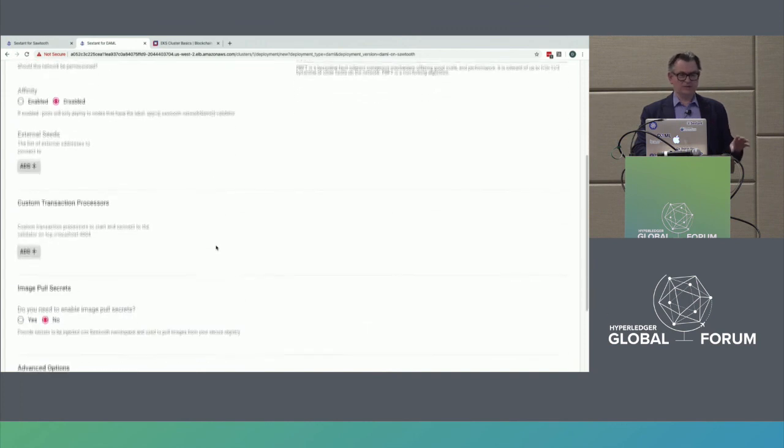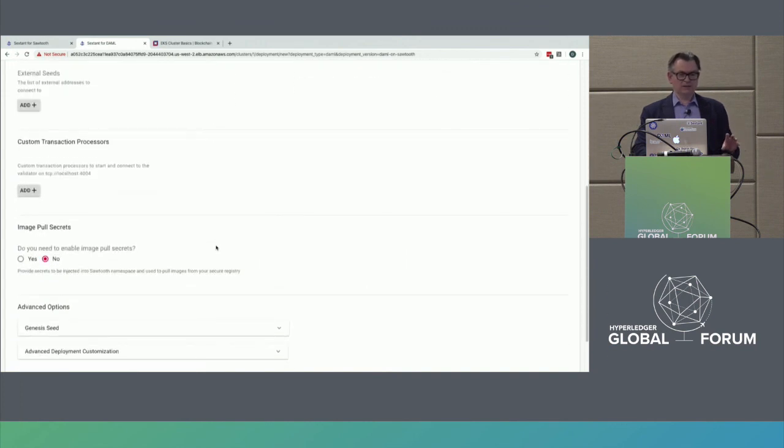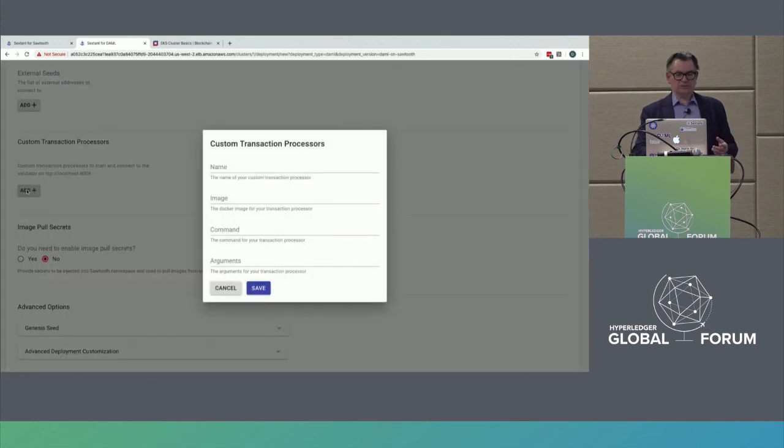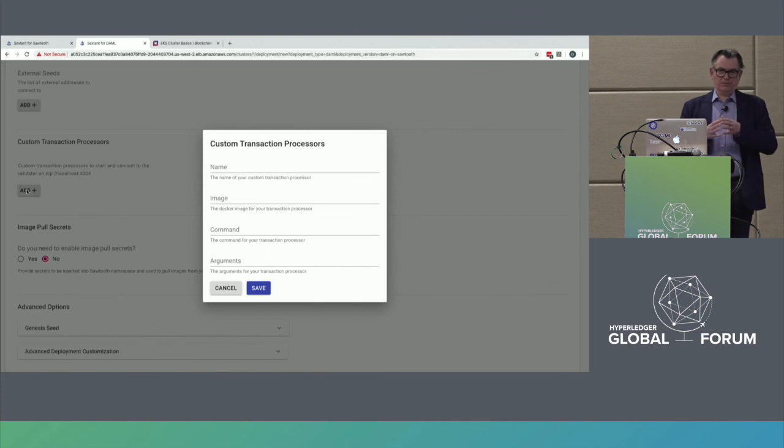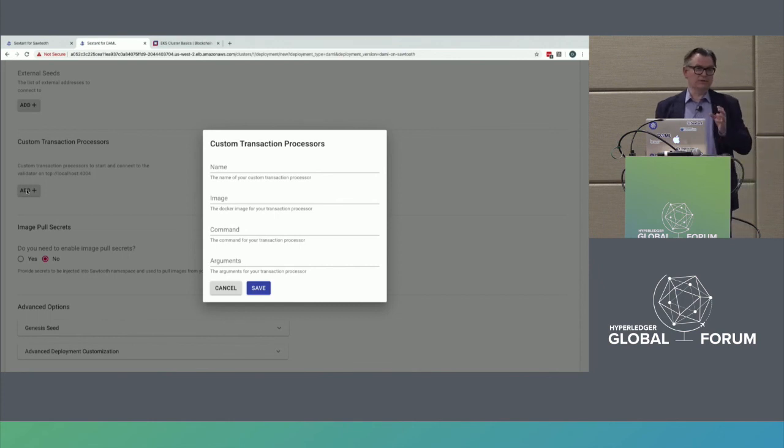So we've cut it down to the minimum you need. You can still add custom TPs. We have a customer that wants to mix and match both what they're doing with DAML, the smart contract layer, and what they're doing at the native Sawtooth layer. You're then creating transaction processors that are doing specific business functions for you. So we still support that option.